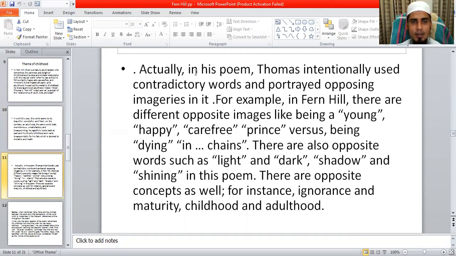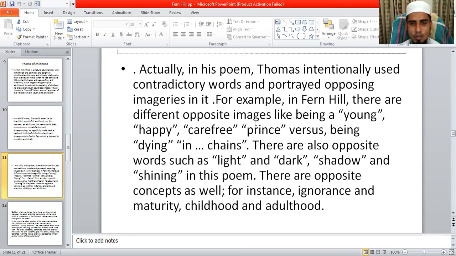Actually, in this poem, Dylan Thomas intentionally used contradictory words and portrays opposing imageries. For example, in Fern Hill, there are different opposite images like being a young, happy, carefree prince versus dying in chains.